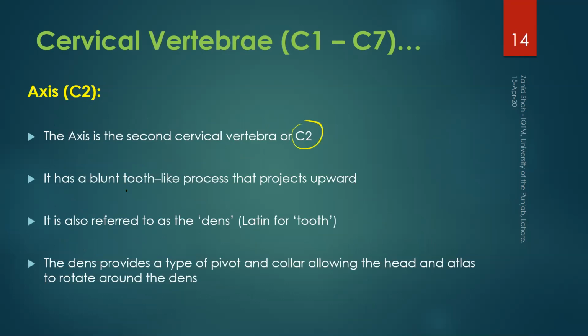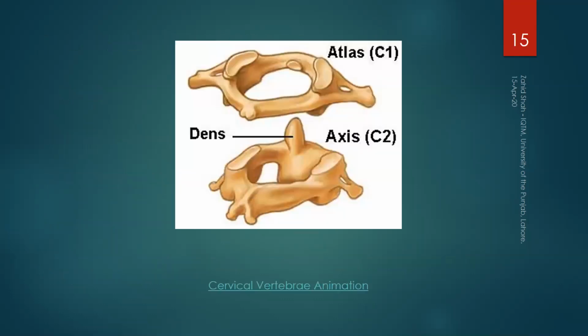It has a tooth-like process or projection that projects upward. It is also referred to as dens. That is the Latin word for tooth. The dens provides a type of pivot and collar, allowing the head and atlas to rotate around the dens. So this is the structure of both of these.